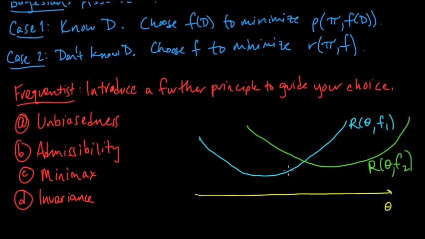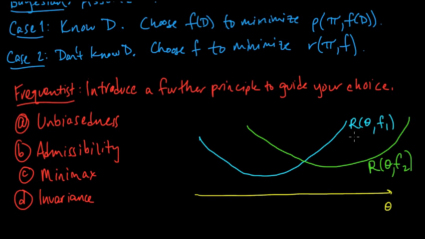So for some thetas, F1 is better and F2 is worse. But for other thetas, over here, F2 is better and F1 is worse. So it's not a well-defined thing to say choose the best F.